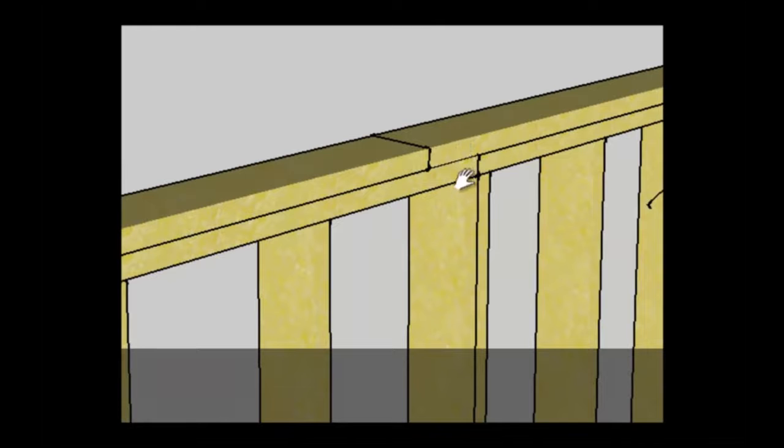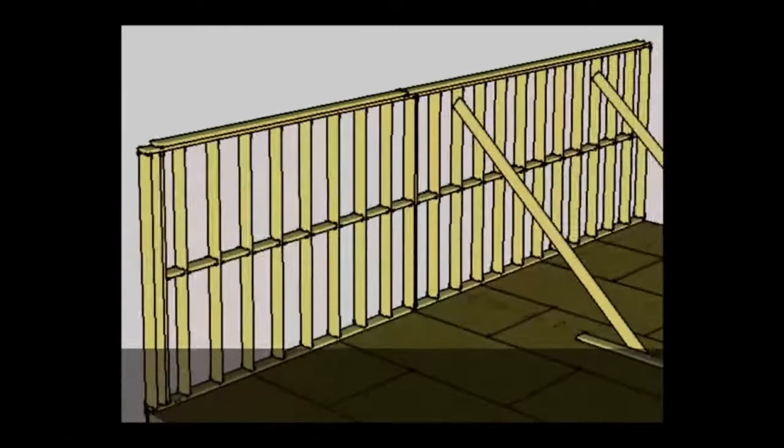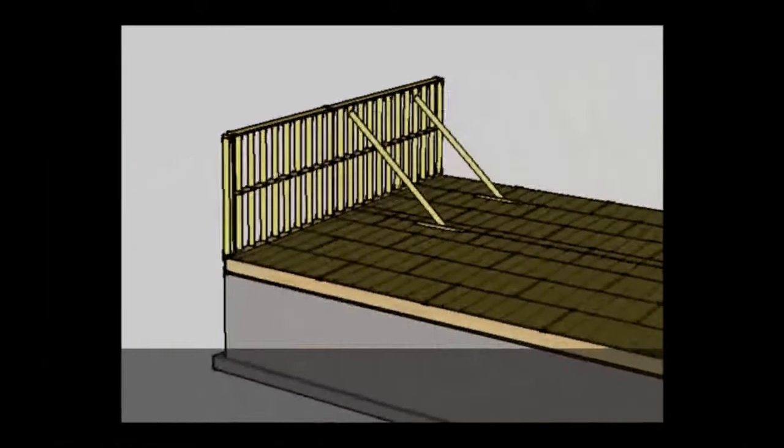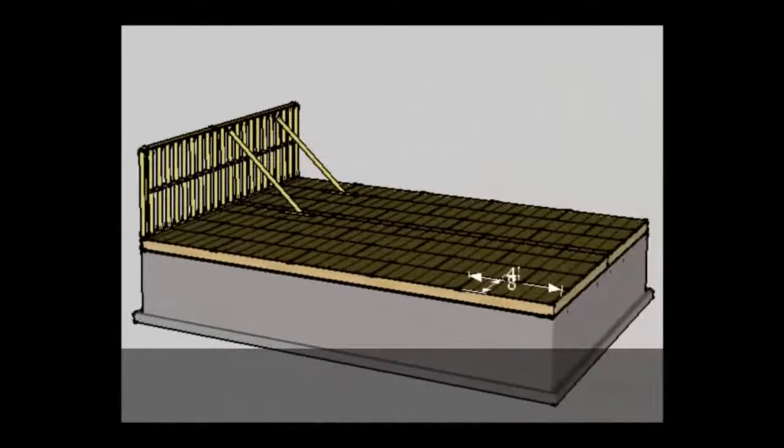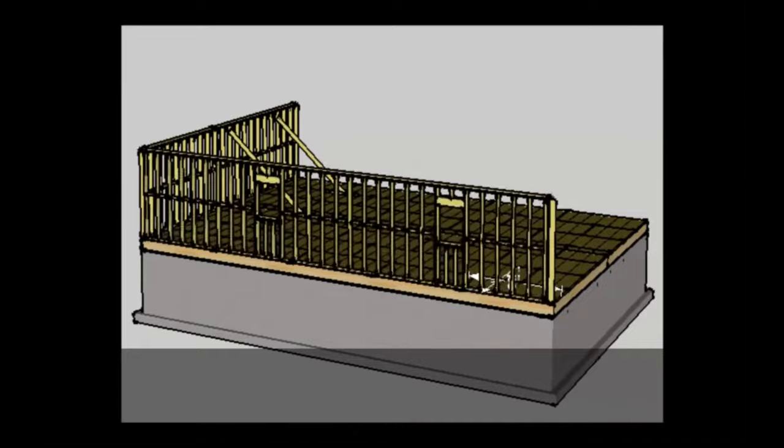And the way those wall segments are tied together is with a second top plate, which you see here, that overlaps one wall from the other and gets tied together. So now you've got multiple wall segments within one run of wall that are built separately, put together, and then tied together with a top plate.